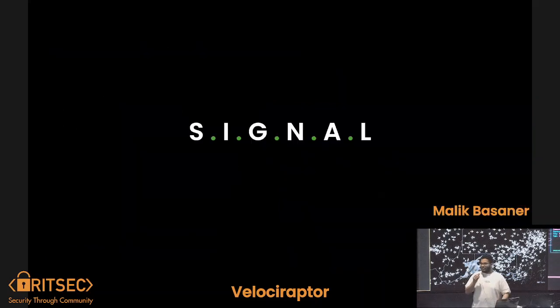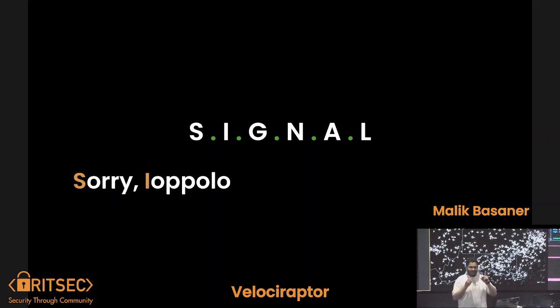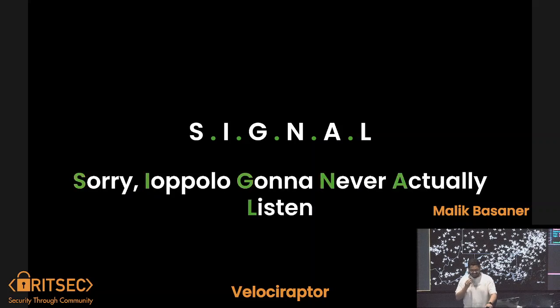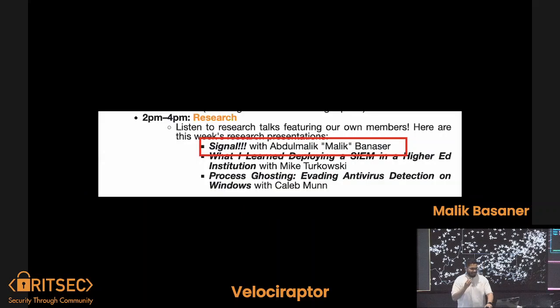So, signal. What does signal mean? It's not the signal of the wiggle or wireless or anything like that. It means, sorry, Anthony's last name, because I cannot pronounce it. So, what is the story behind that name? I saw this newsletter saying Malik is going to present on Signal, but I didn't remember signing up for Signal.